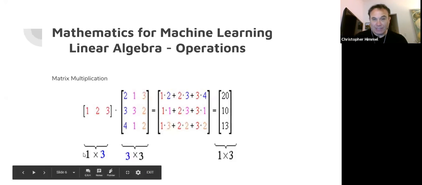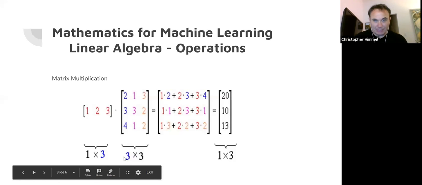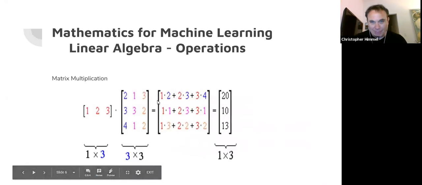Now this is interesting because they do a 1 by 3 times a 3 by 3, they end up with a 1 by 3, which, that's not a 1 by 3, that's a 3 by 1. So they technically did this wrong. I'm not using this one again. They totally did this wrong. I mean, basically, when you take this one and you multiply by this one, that gives you the 1 times the 2, the 2 times the 3, and the 3 times the 4. Okay, and you line that up as your first column, not your first row.